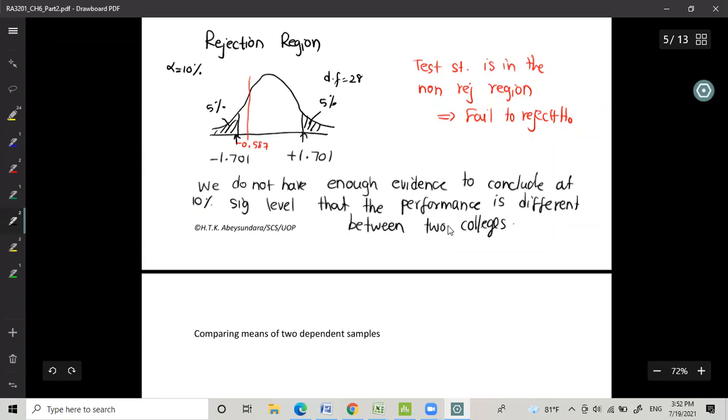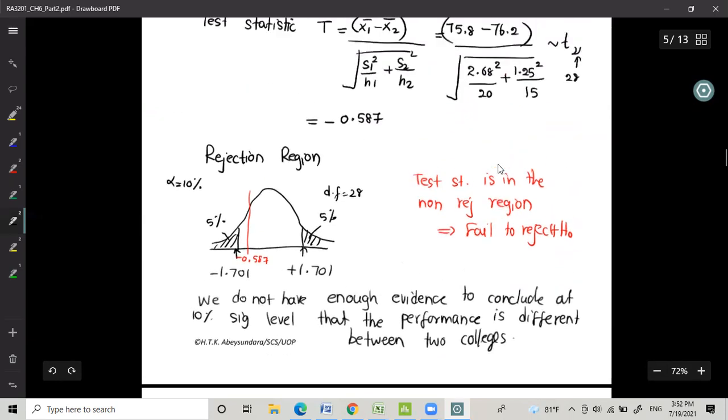Maybe if you take another, larger sample with a different alpha level, you will be able to reject it. But with this sample, we were unable to do that. So we do not have enough evidence to say that there is a difference.